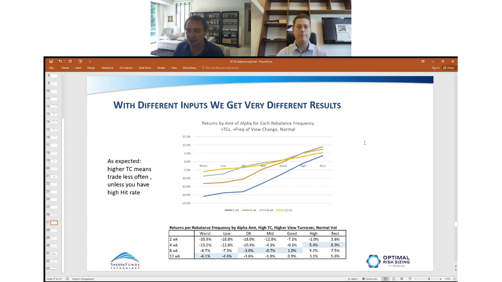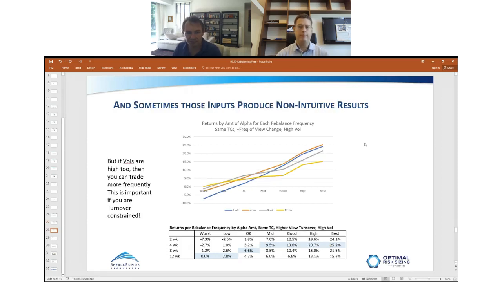You shouldn't think, oh, God, transaction costs are increasing, therefore we must definitely go to the lowest possible turnover or lowest possible trading frequency. We must think transaction costs are increasing, but given everything else, let's do a new analysis and say, oh, actually, it turns out that 4 weeks is better.